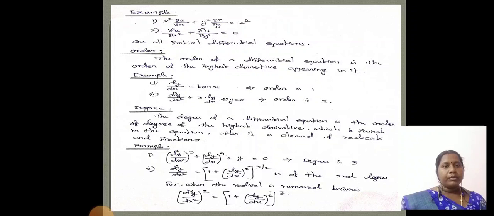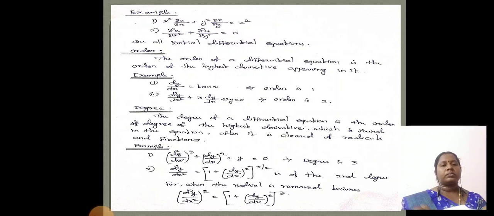Example 1. d square y by dx square the whole cube plus dy by dx the whole square plus y equal to 0. Here the highest differential coefficient is d square y by dx square and the power of the differential coefficient is 3. So, the degree of the differential equation is 3.